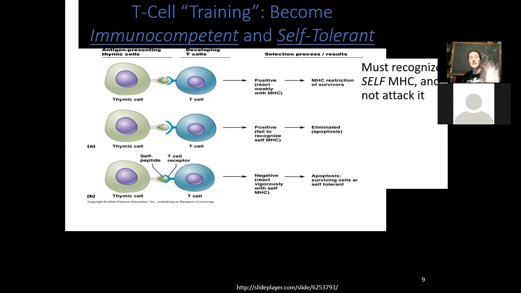And so these little tutoring thymic cells are going to teach the T cells to recognize self-MHC, right? So recognize MHC class 1 or MHC class 2, and don't attack it, right? This is us. This particular shape of a molecule means that this molecule belongs to one of our cells. We really like our cells and we want them to stay where they are. And so we cannot attack those cells.